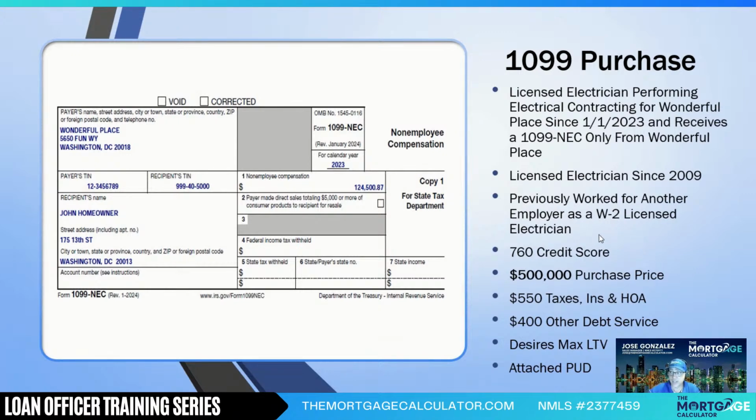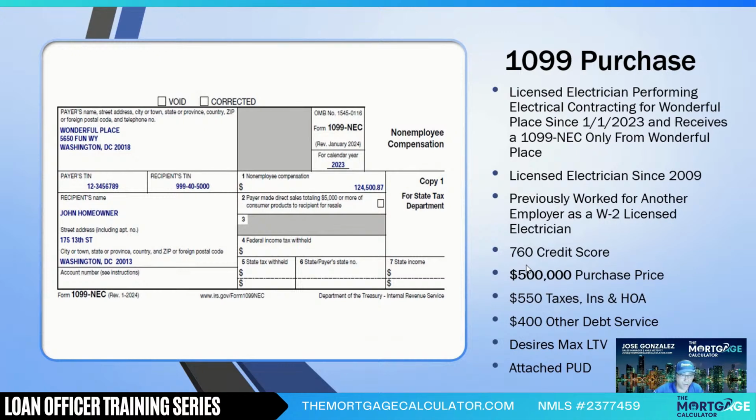So that's the key component to note there: W-2 licensed electrician, had the license since 2009, been working over a year, and he has his 2023 1099 already. Everybody should have got theirs already in the last couple of weeks.